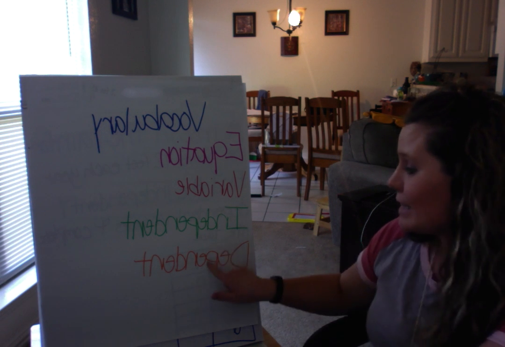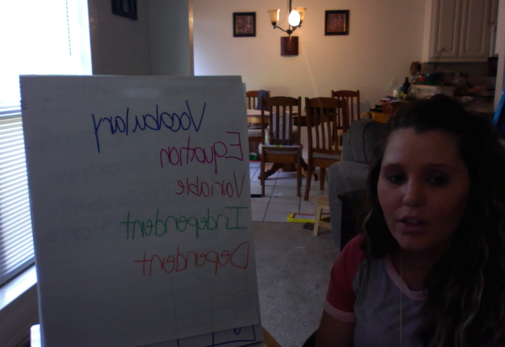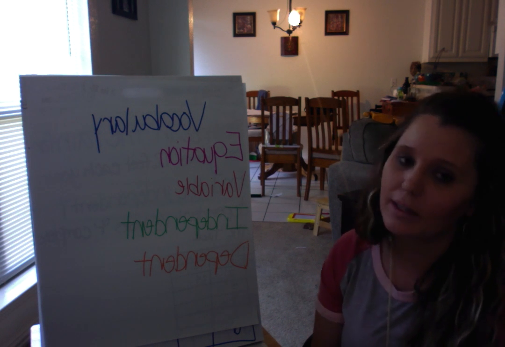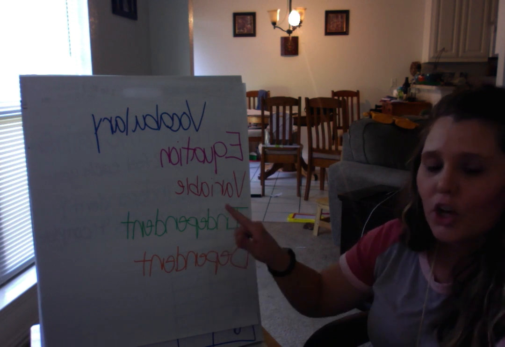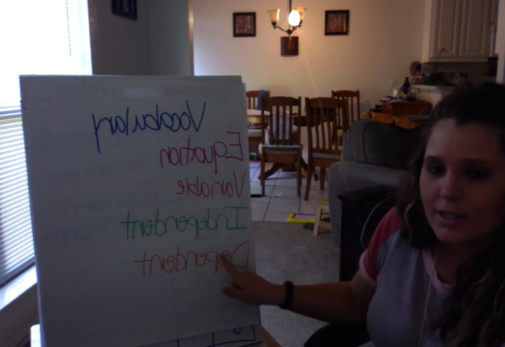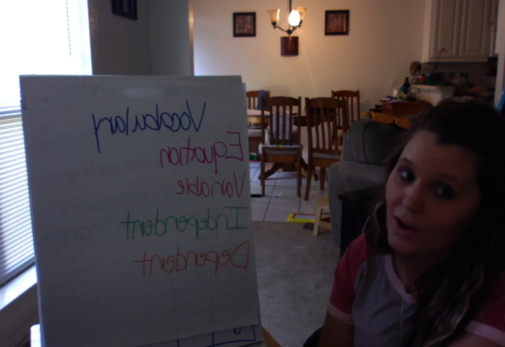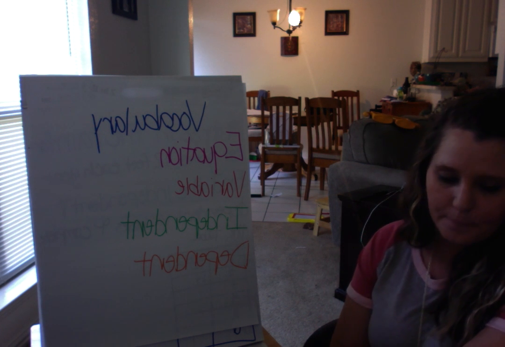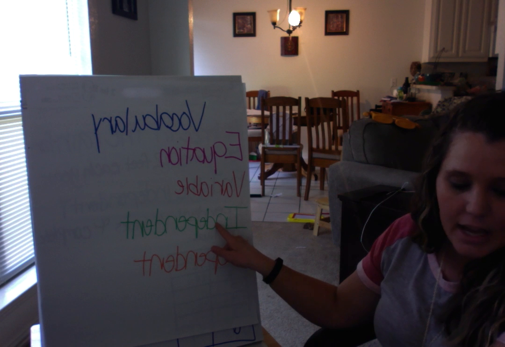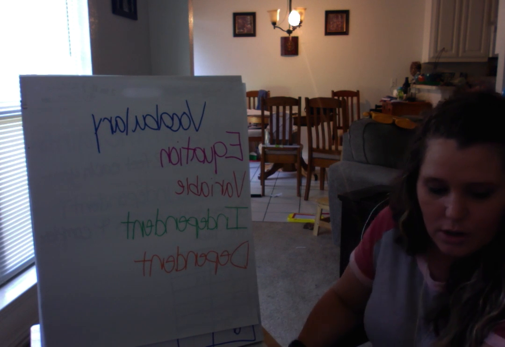So you are depending on them to make sure that you are healthy and that you are where you need to be when you need to be there. So just like you, your math equations can also have a dependent. It is what relies on other factors. It's the effect. So the independent causes the dependent to change.